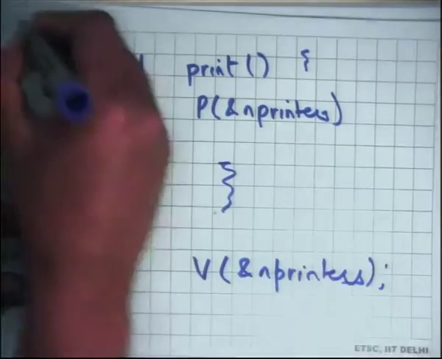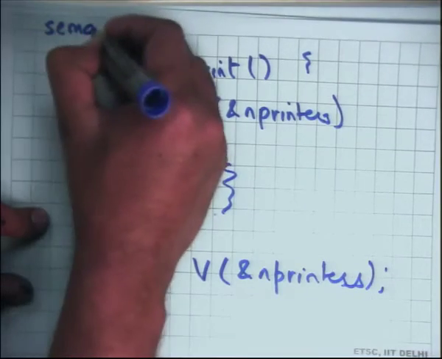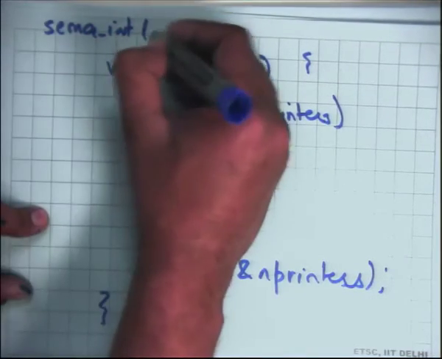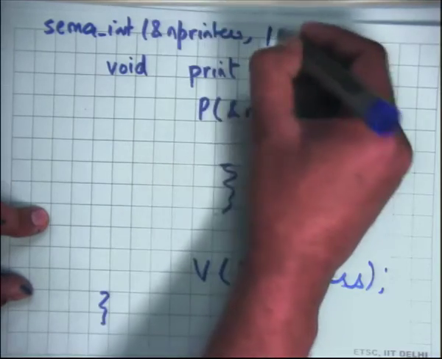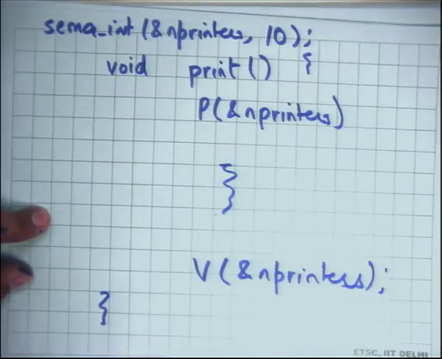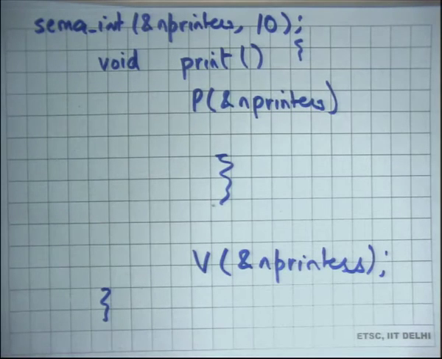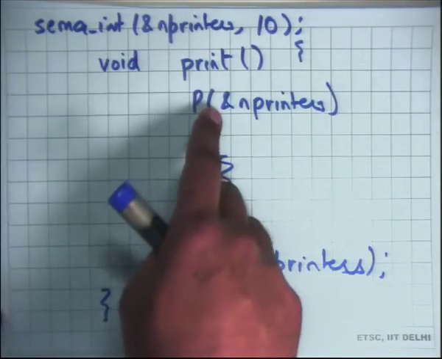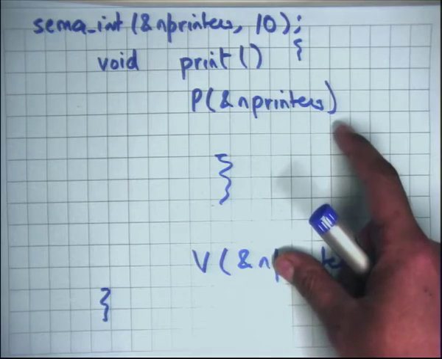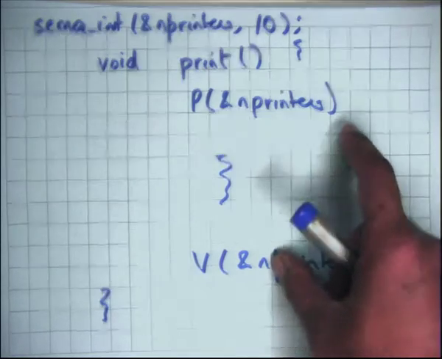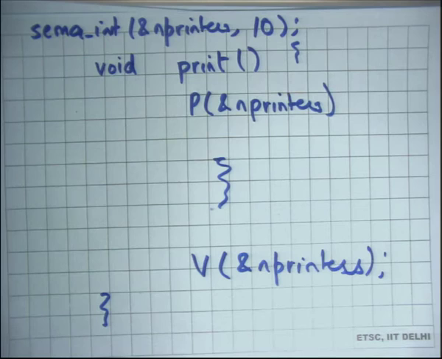Of course you will first initialize the n printers semaphore to 10, let's say. If you had only 10 printers or whatever is the number of printers, you initialize the counter to the number of resources, and then whoever wants to access the resource should enclose his access logic within a P and a V, and that's it, right.